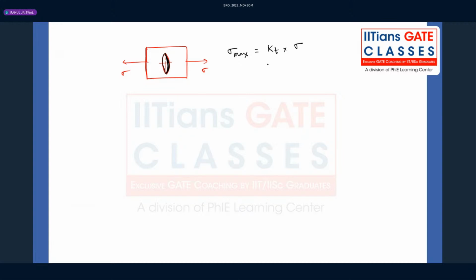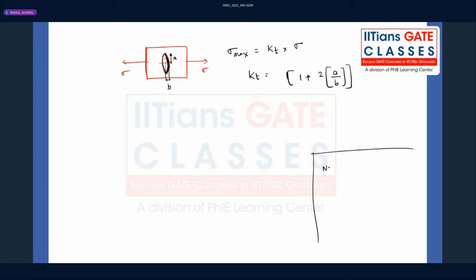The nominal stress is given as sigma. What is the Kt formula? Kt is 1 plus 2. If the semi major axis is A and the semi minor axis is B, and the load is acting perpendicular to the semi major axis, then we define 2A by B.